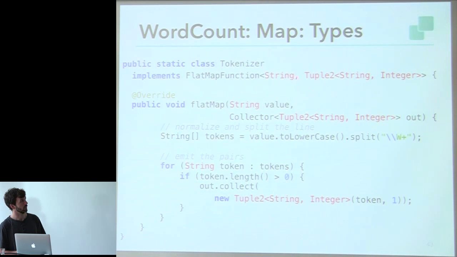They have the input and the output type specified for checking types. In this case, it's flat map, which gets an input value and a collector, which lets you emit multiple objects if you want, or in this case, we emit all the tokens.